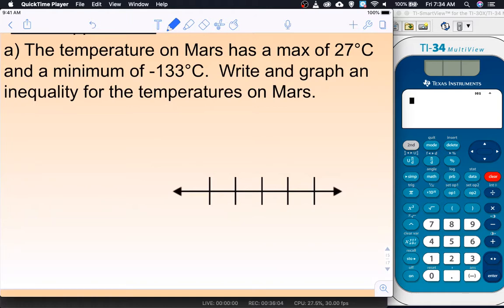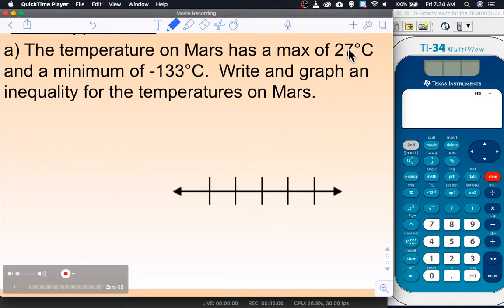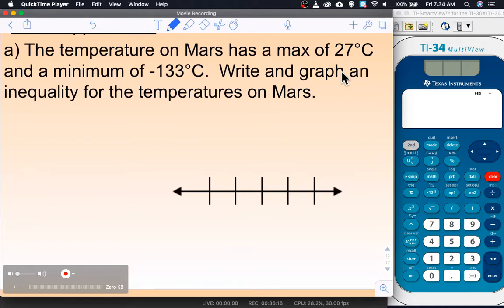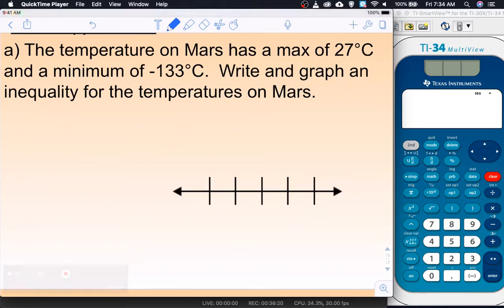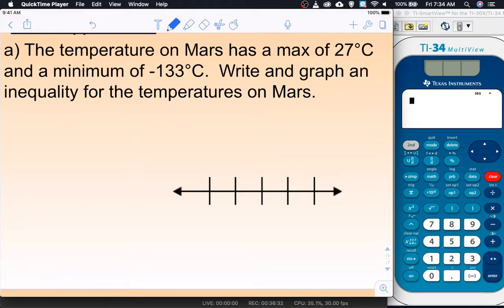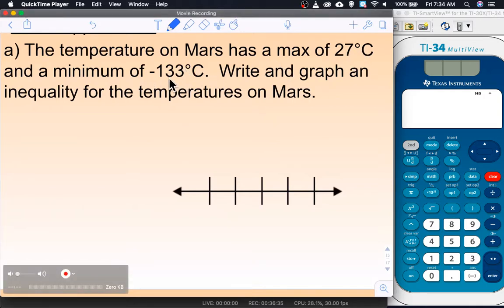And these are degrees Celsius, not Fahrenheit. 100 degrees Celsius is boiling. 0 degrees Celsius is freezing at 32. So 27 degrees Celsius is bigger than 32 degrees Fahrenheit, like the same temperature we have here in the winter time. That's their hot. And then cold, well, that's extremely, extremely cold.